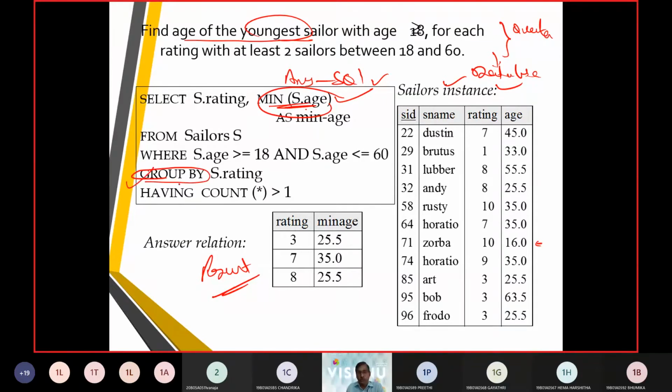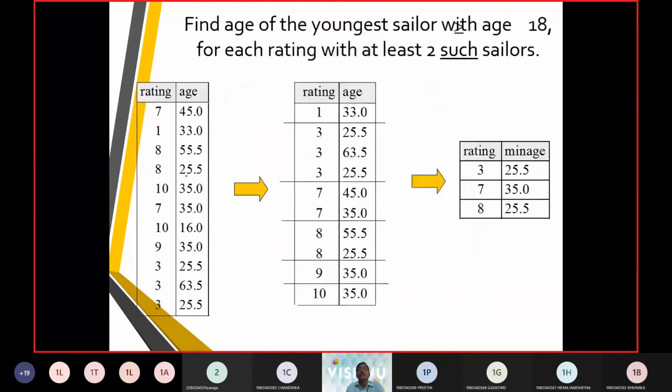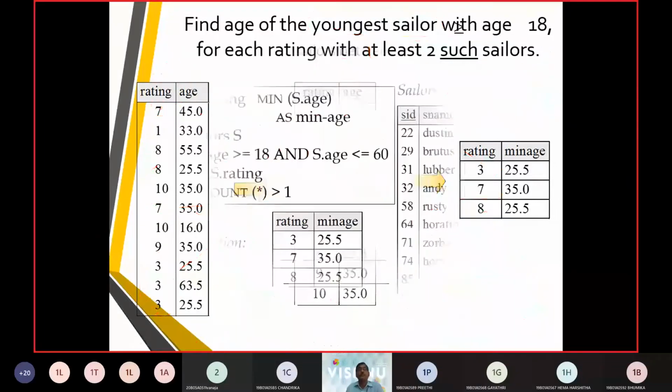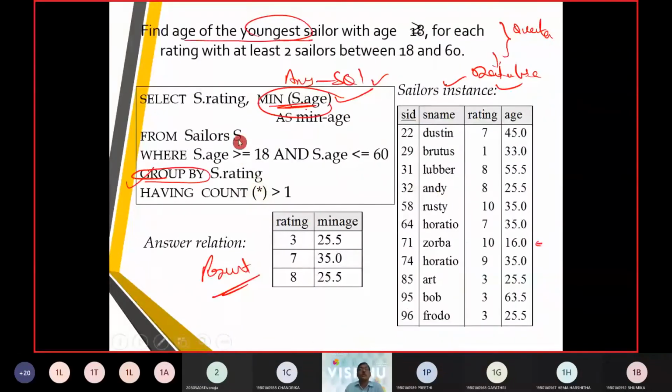What is grouping? So we meant grouping, group 1, group 3, group 7, group 8, group 9, group 10. So we made 6 groups here. So that is where the 6 groups are going to be mentioned.